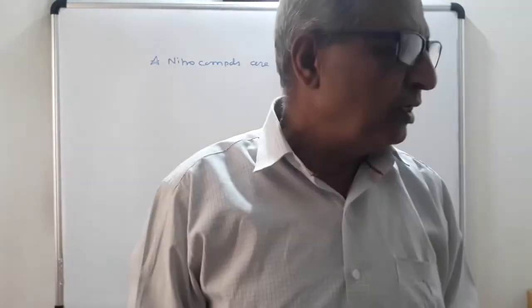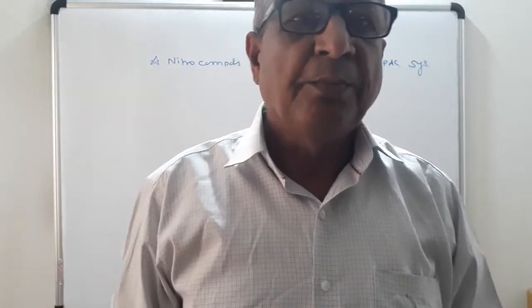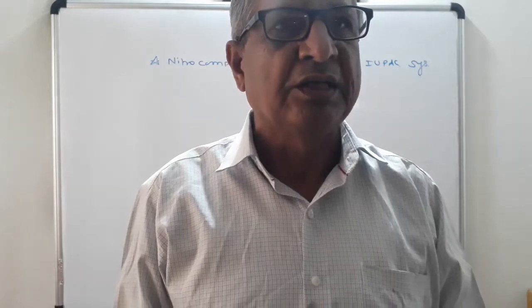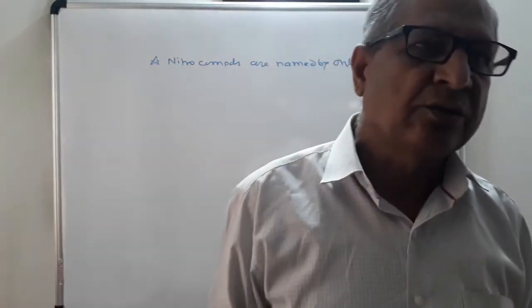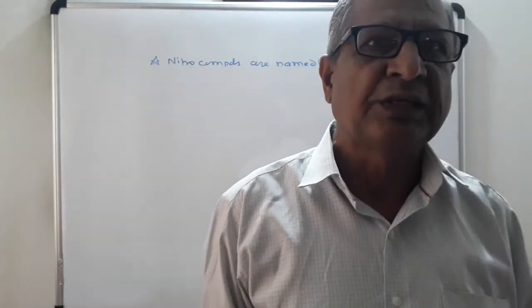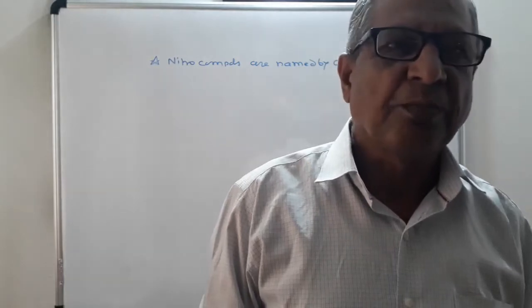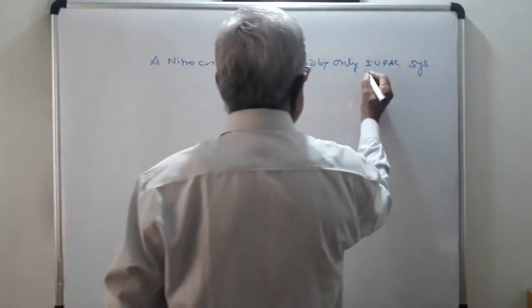Up to this point, we learned that alkyl halides, alcohol, phenol, ether, carboxylic acids, aldehydes, ketones are named by 2 or more systems, that is common system and IUPAC system. But this is an exceptional case here. Nitro compounds are named by only one system, that is the IUPAC system.